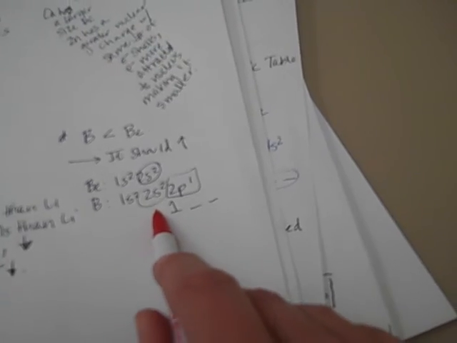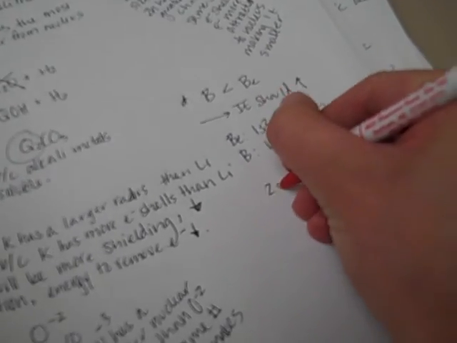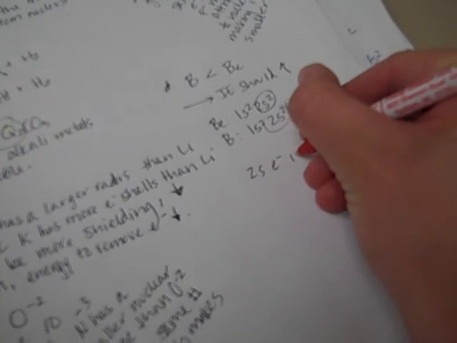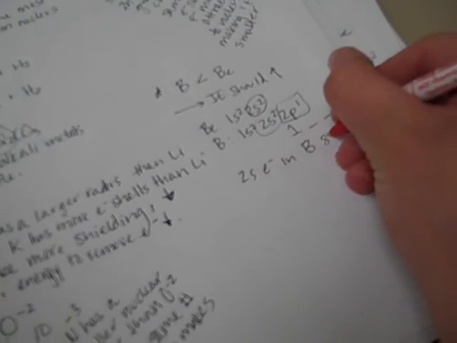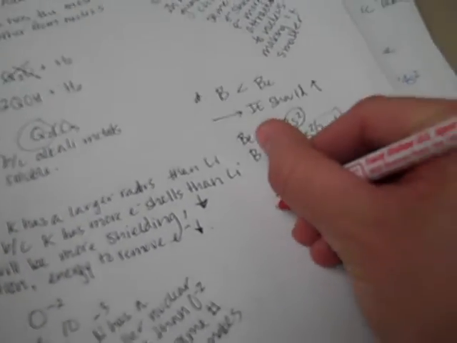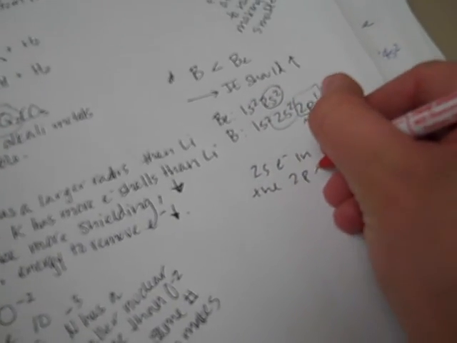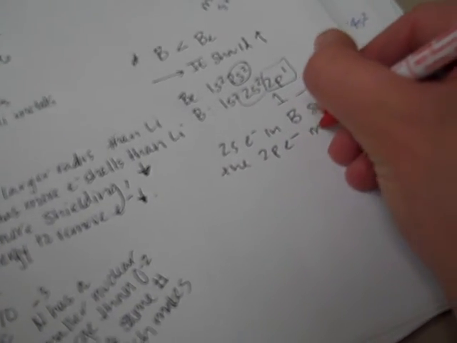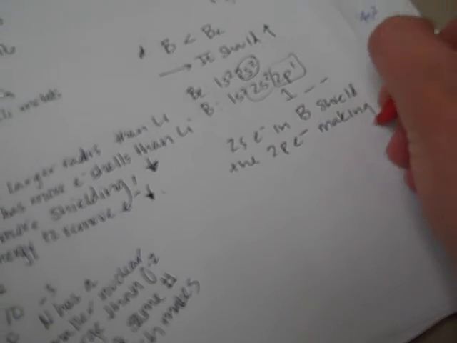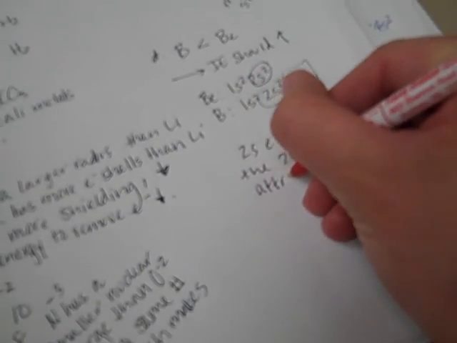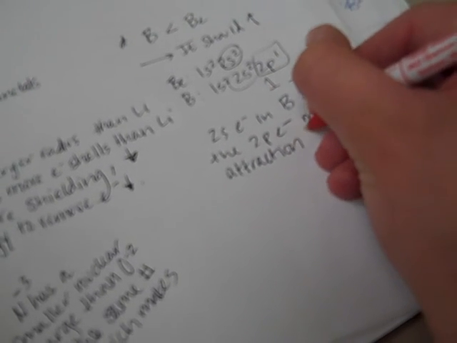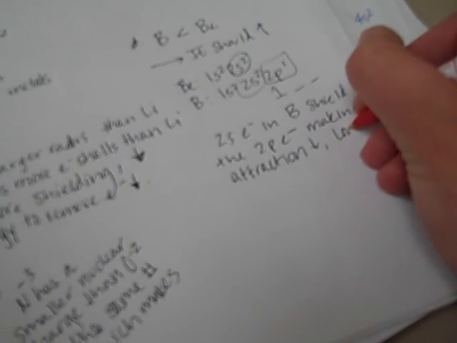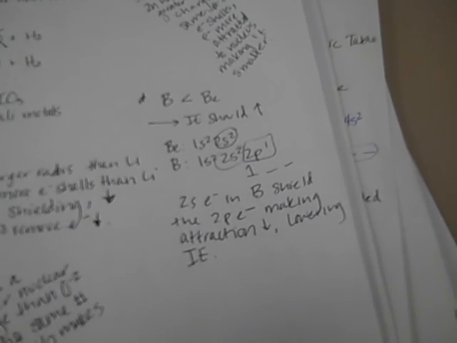You could also say the 2s electrons in boron shield the 2p electrons, making attraction decrease, lowering ionization energy. And you should somehow work in that boron is less than beryllium.